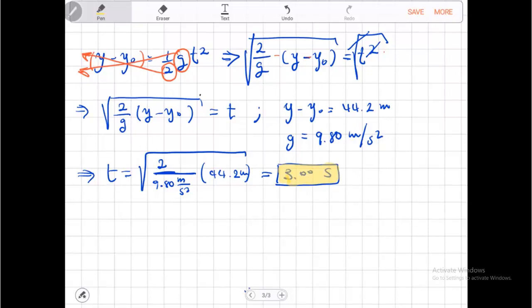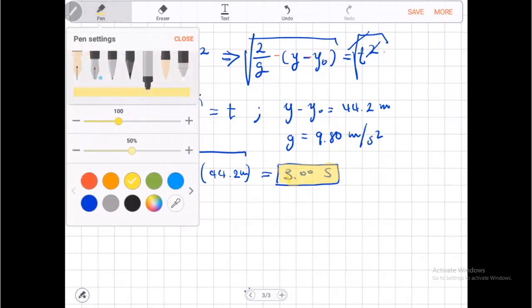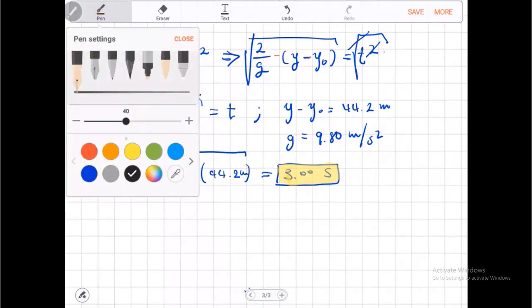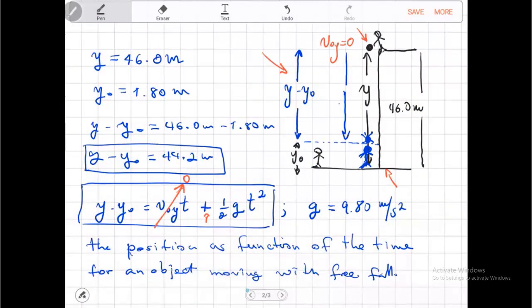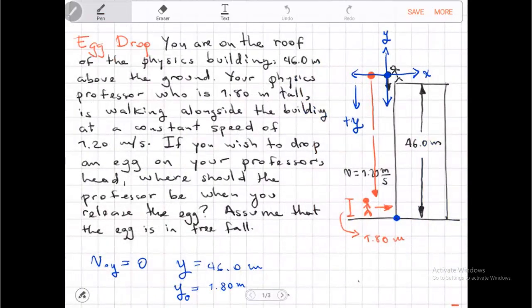Continuing, what distance does the professor walk? He is walking with a constant speed, and the problem says that he's walking with a constant speed of 1.20 meters per second.